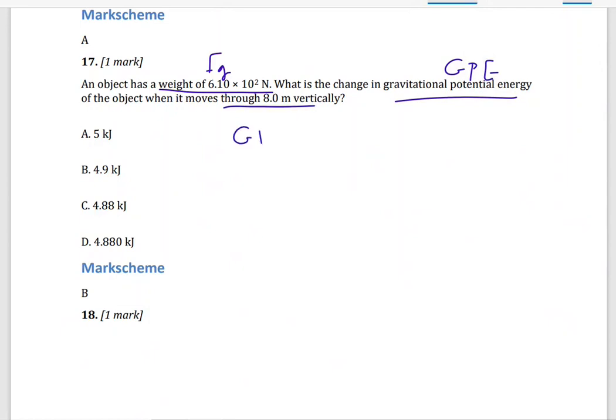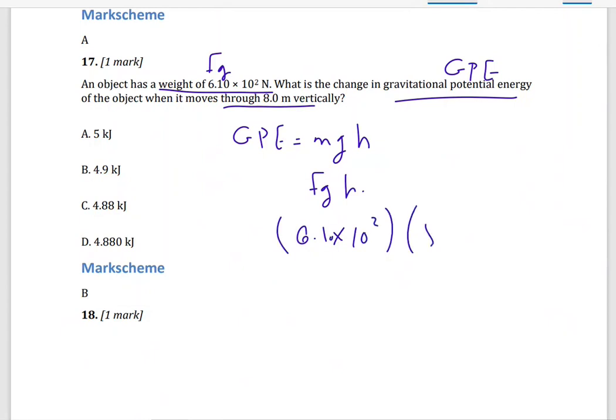I know gravitational potential energy is mgh. Mg is the weight times height. Weight we have 6.1 times 10 to the power 2 times the height 8. This will give me 4,880 joule. Write this one in scientific notation.